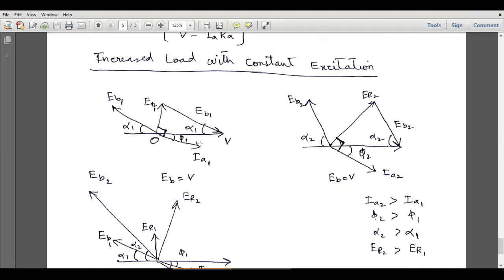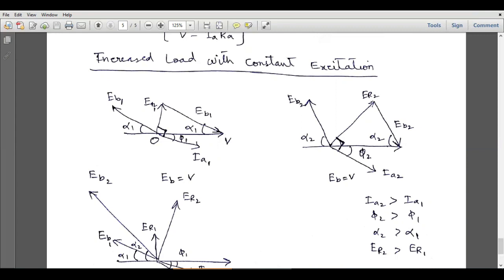V and I. Now, if we increase the mechanical load, this load angle will increase, and the EB vector will orient in this direction. So this angle has increased now, but the magnitude of this back EMF vector is the same. So EB2 is here, so we can reorient, or we can place this EB vector over here, and both these vectors are parallel, and ER will be starting from the tail of this voltage vector to the tail of this back EMF vector.